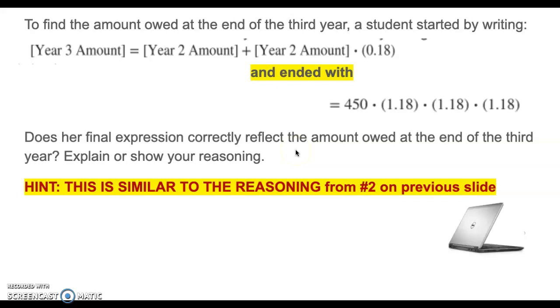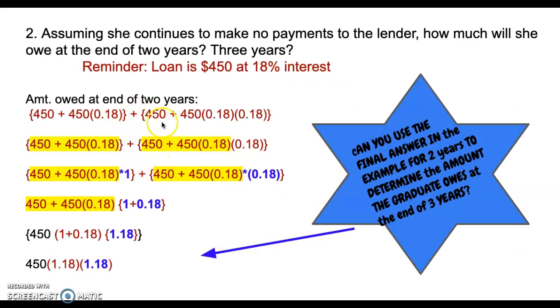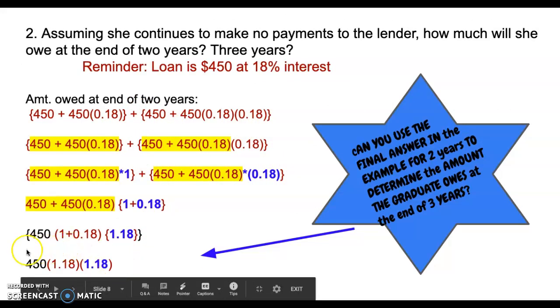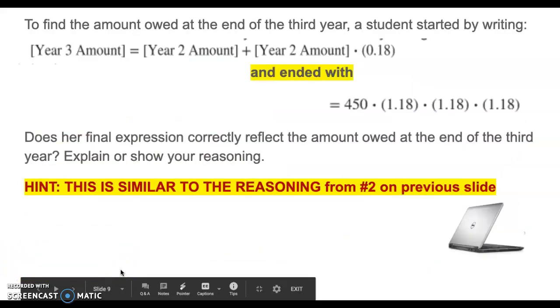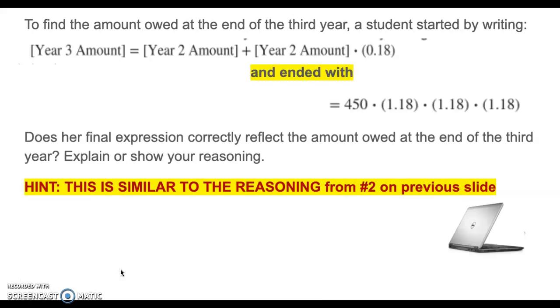Explain or show your reasoning. My hint is, this is similar to the reasoning from number 2 on the previous slide. All of this work here simplifies. So that's your hint. And I have confidence that you guys can figure that out and explain your reasoning.